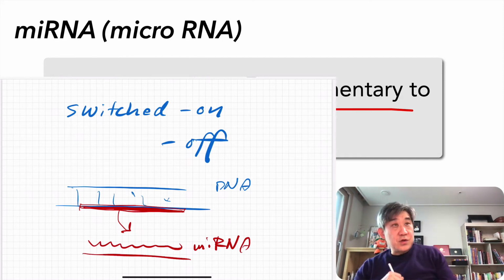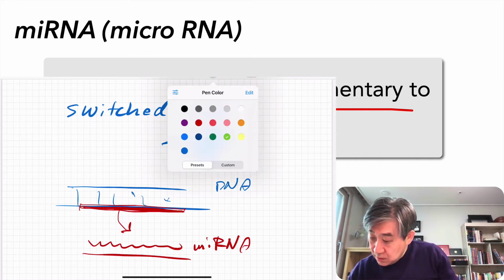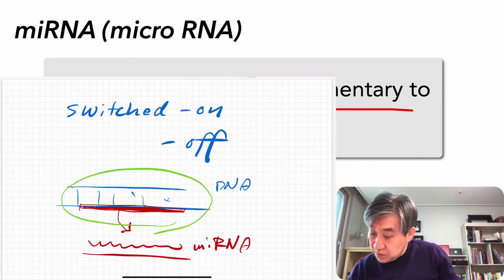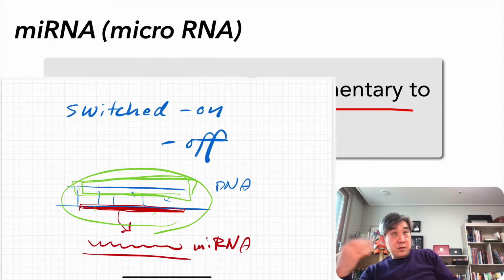But usually the way you identify the existence of the microRNA is by examining the entire area of this DNA, and you never know which of the two is the one that is actually the gene product. If this one is the one copied, then the upper sequence would be complementary to this, right?